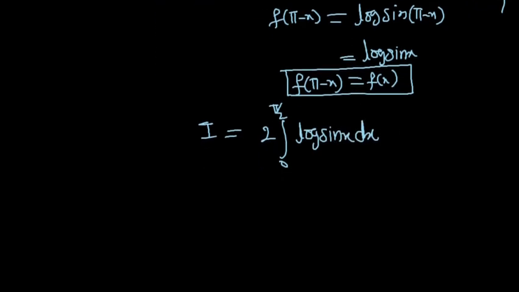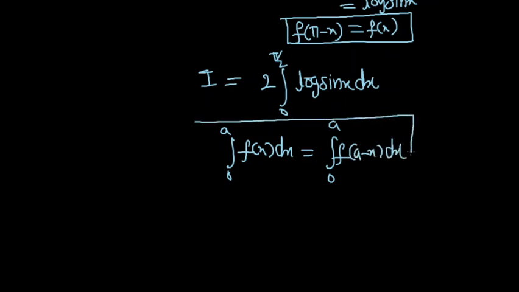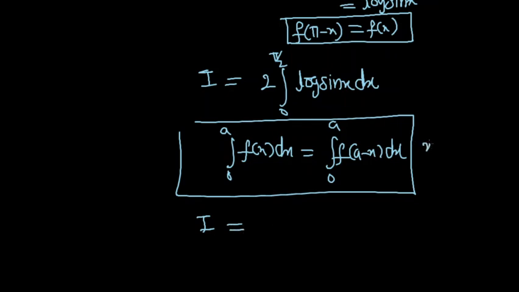Now we will apply the same property: integral 0 to a of f of x dx is equal to integral 0 to a of f of a minus x dx. Apply it. So I is equal to, here x changes to a minus x, and in the place of a we have pi by 2.